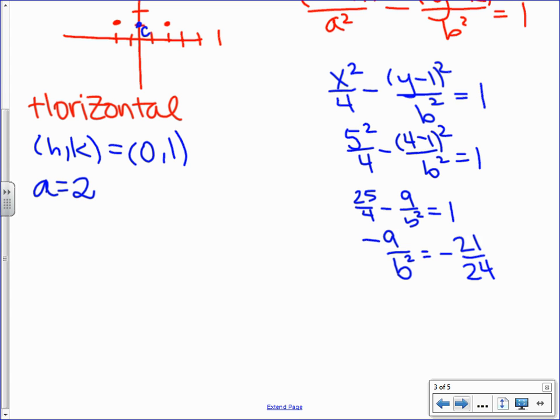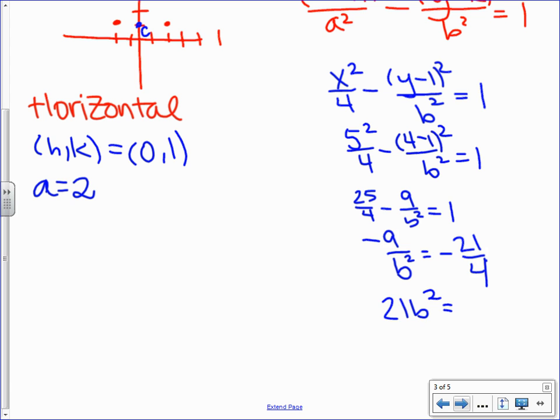We now have a proportion. We can cross multiply. 21b squared would equal... why did I say 24? 21 fourths, thank you. I don't even know where that came from.